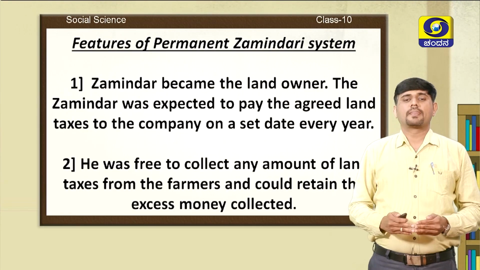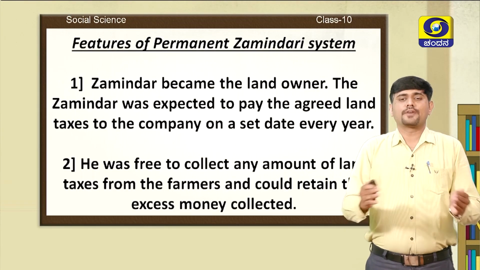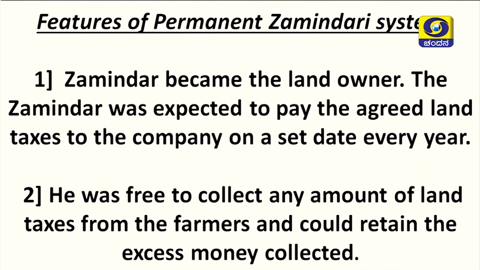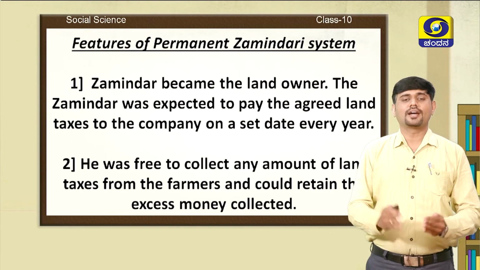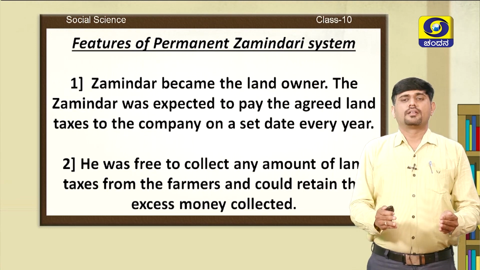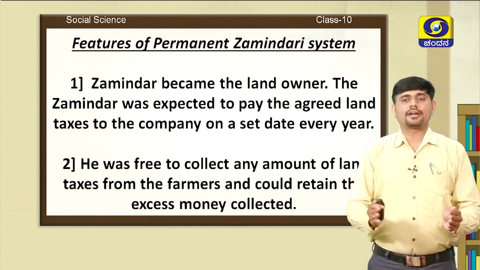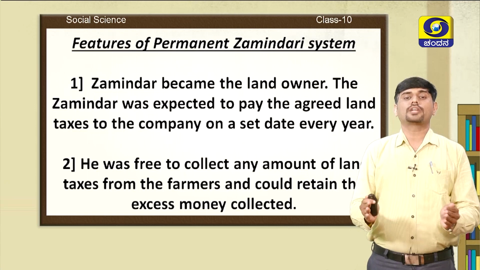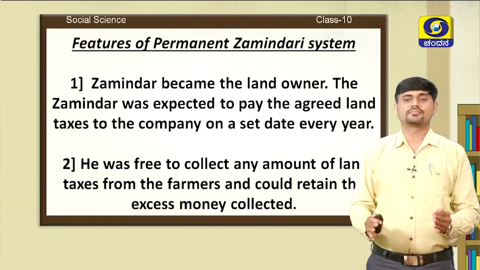Followed by that, the Zamindar was free to collect any amount of land taxes from the farmers and could retain the excess money collected. Zamindars had an opportunity here. The British government never questioned how much had to be collected from the farmers.